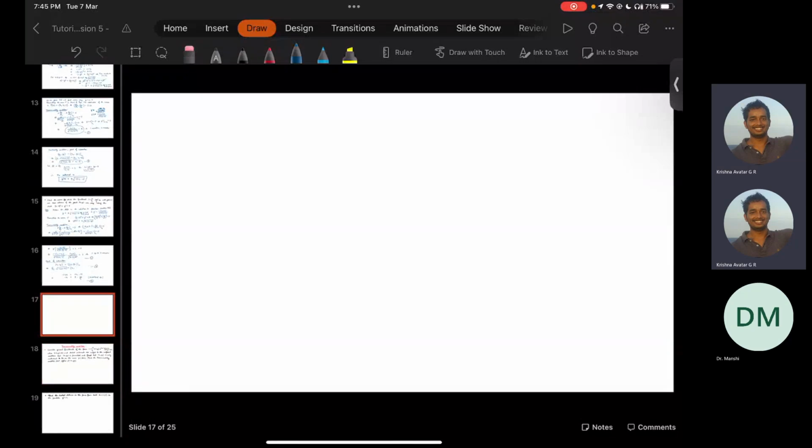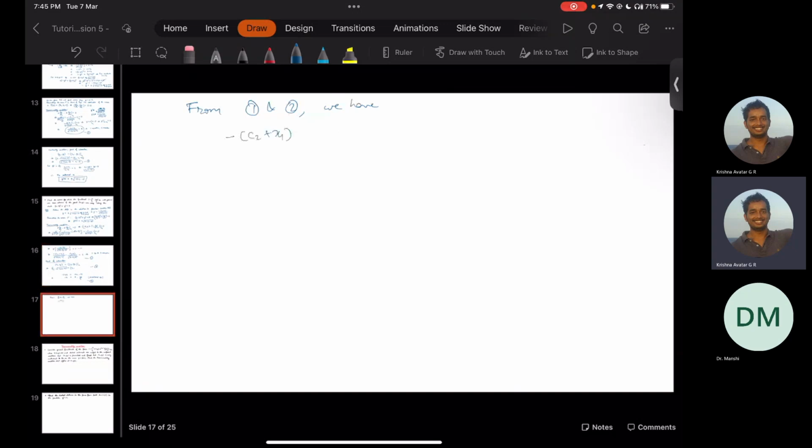Okay. So from 1 and 2, we have minus C2 plus X1 into X1 minus 3, right? And then this is equal to minus X1 minus 9 whole squared.